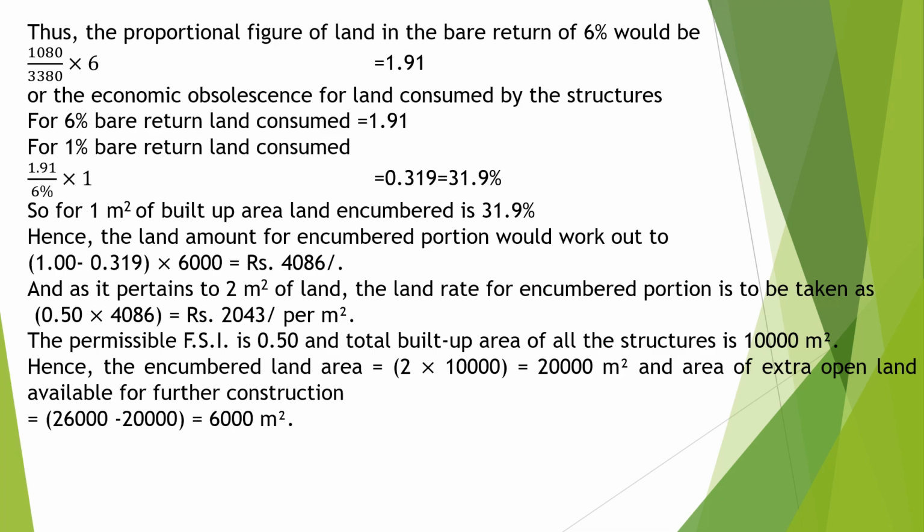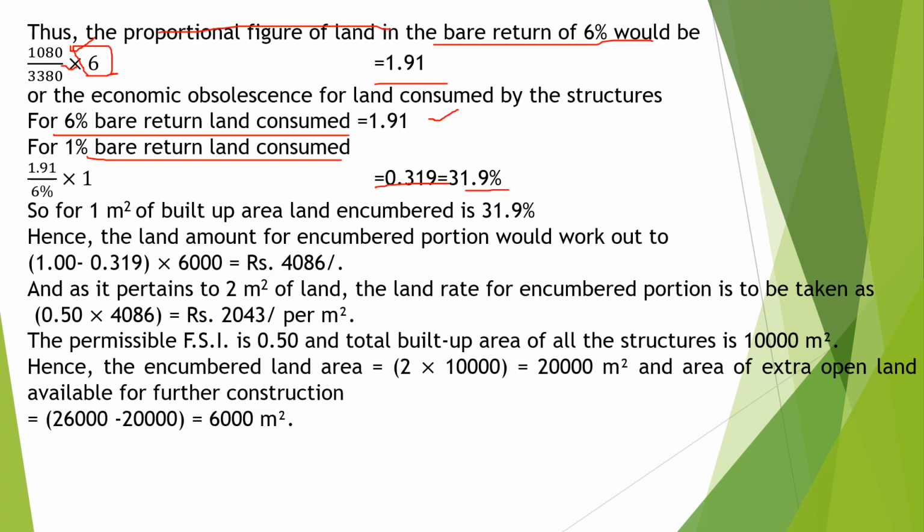See here, the proportional figure of land from the bare return of 6% would be 1,080 from the land and 3,380 in total, multiplied by 6% return, so it is 1.91. It means for the 6% bare return, land consumed is 1.91. For a 1% land rate, bare return will be 1.91 divided by 6%, which is 0.319 or 31.9%.